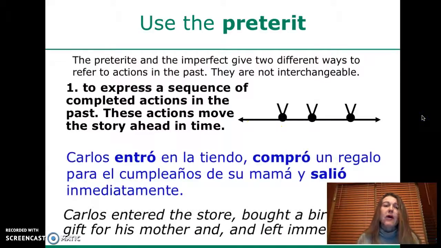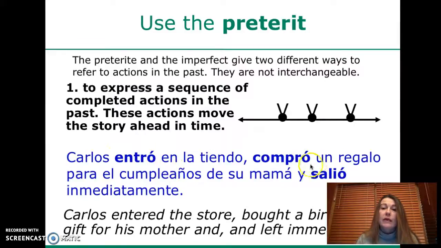For example, Carlos entró en la tienda. I don't know why that says tiendo, right? Tienda. Compró un regalo para el cumpleaños de su mamá y salió inmediatamente. Now, these are conveniently all in one sentence, but that doesn't necessarily happen in every story or sentence when you're talking about the past. You may have multiple ones that kind of create this sequence of events. But you see here, Carlos, he entered the tienda, right?